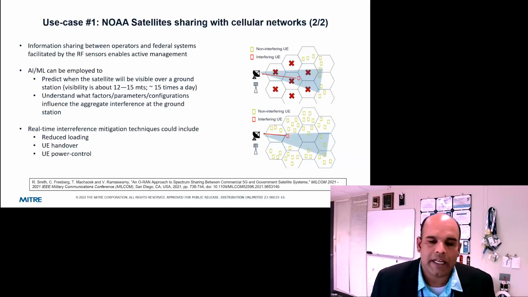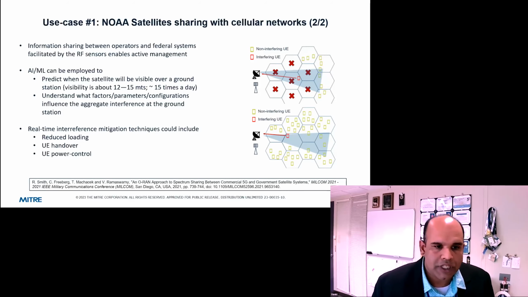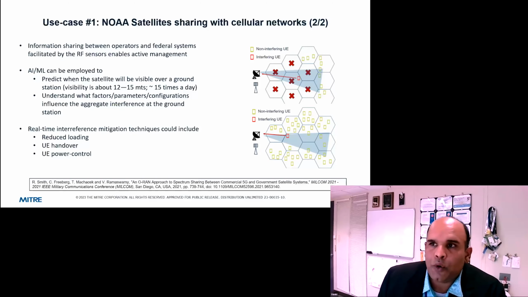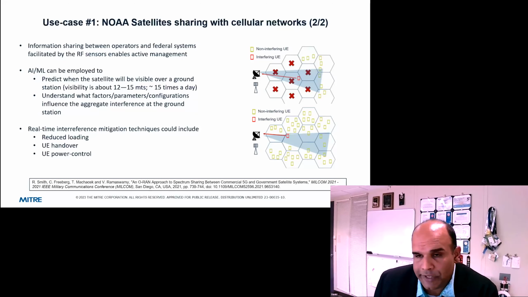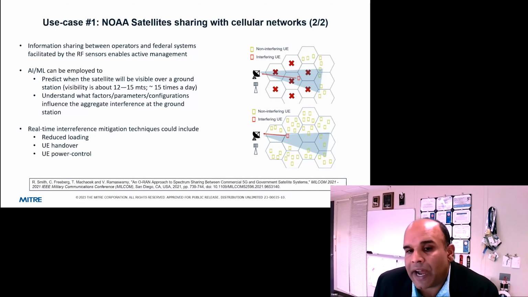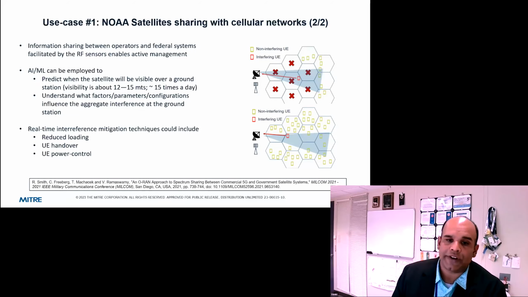Number two is that once you know that it is active, you also get interference reports from the sensor that I was talking about. And the cool thing is that we are able to figure out exactly which operator, which cell, and in some cases, which user is causing the interference. So once you have that information, you have the fine-grained control that we can achieve using RIC, right?